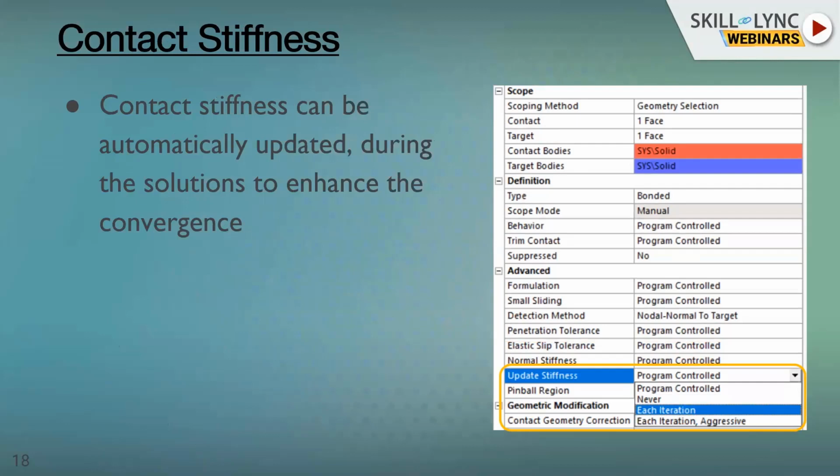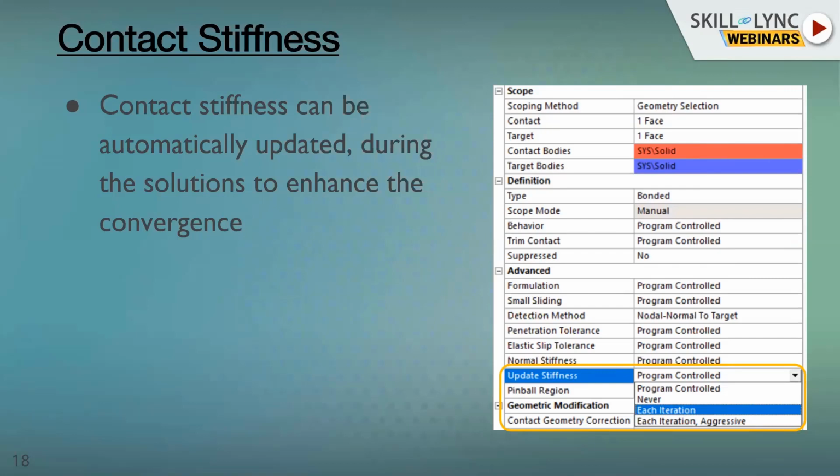Then we have the contact stiffness update, right? We can update it at each iteration. If we don't update it, whatever contact stiffness is calculated in the first iteration itself will be used for all the remaining iterations of the solution. Obviously, as we are not calculating the contact stiffness on each iteration, computational time will reduce, but accuracy will be affected. Then we have update each iteration and update each iteration aggressive.